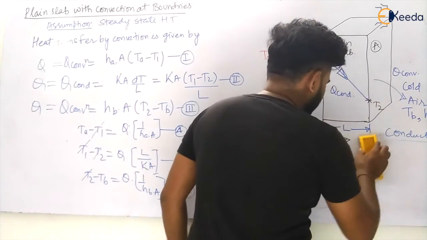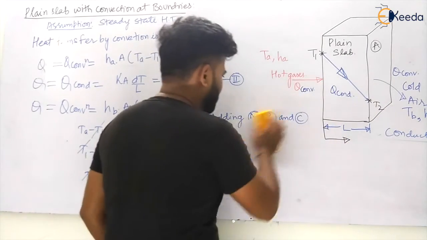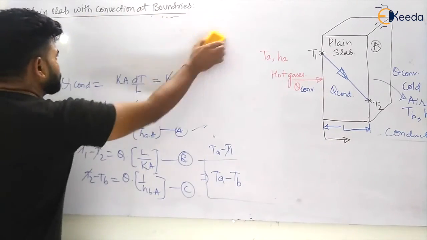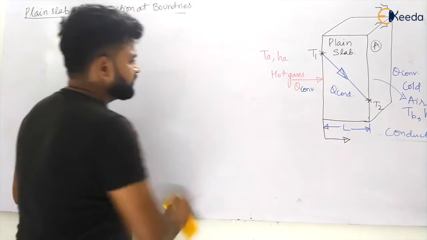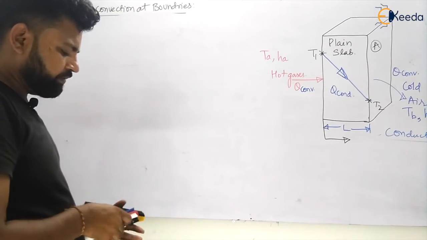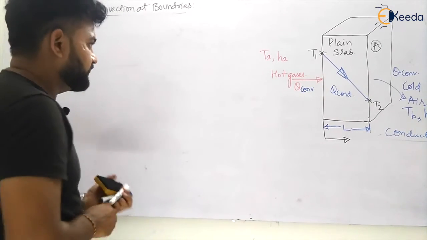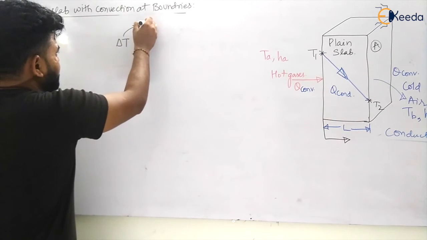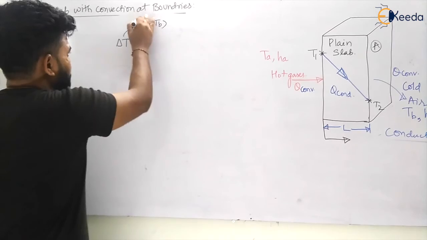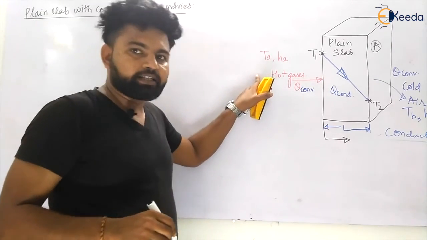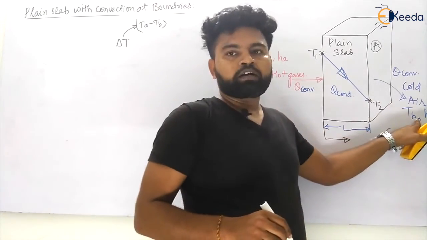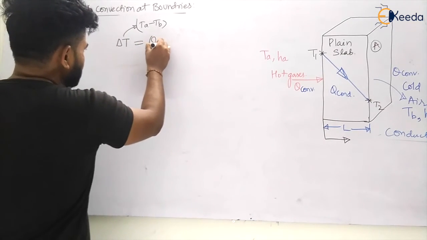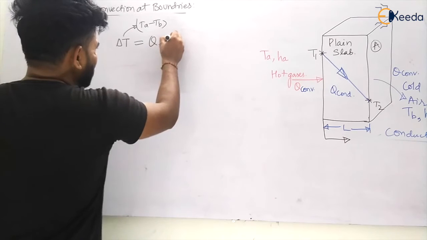The overall temperature drop will be delta T, and this is nothing but your Ta minus Tb, that is, the temperature of the hot gases minus the temperature of the cold air, is equal to Q, which is heat transfer, into R effective.